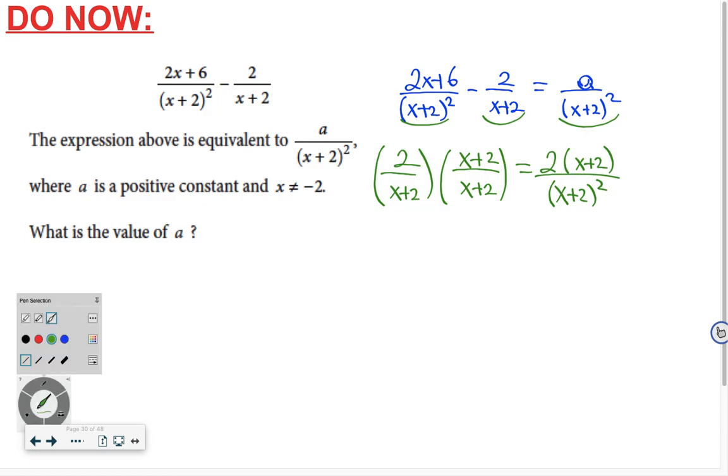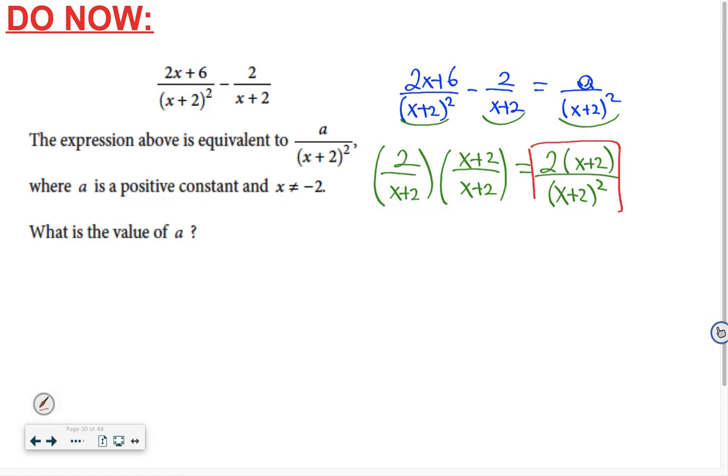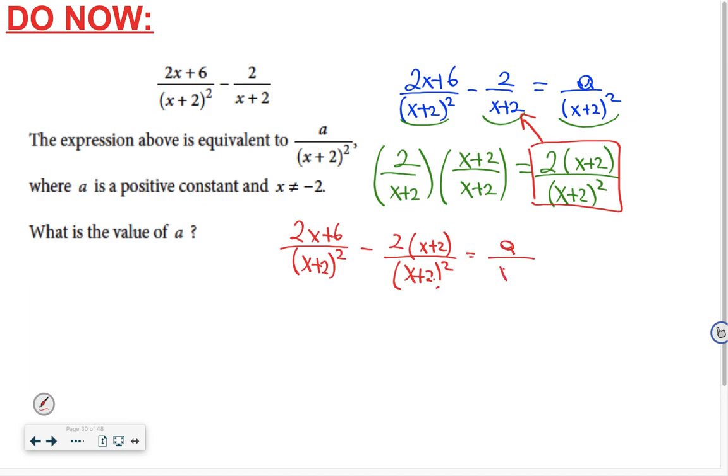After that, let me rewrite the expression. And by the way, this is the equivalent fraction of this: (2x + 6)/(x + 2)² − 2(x + 2)/(x + 2)² = a/(x + 2)².